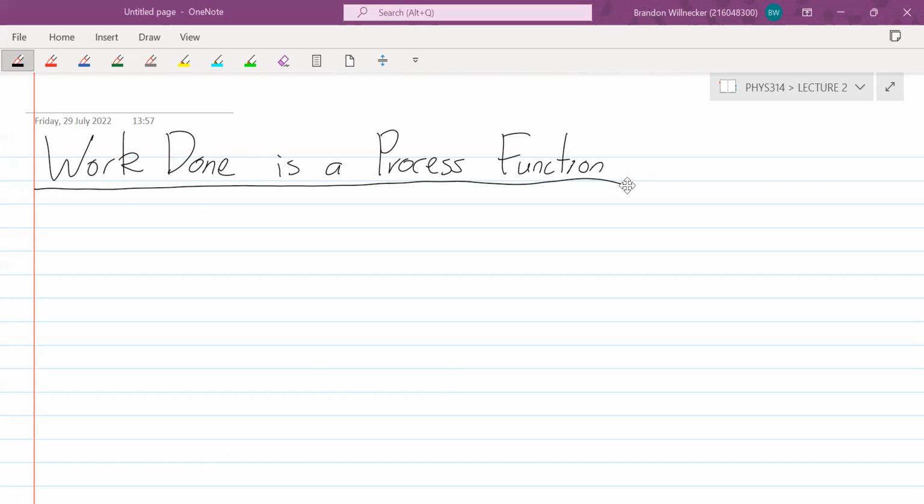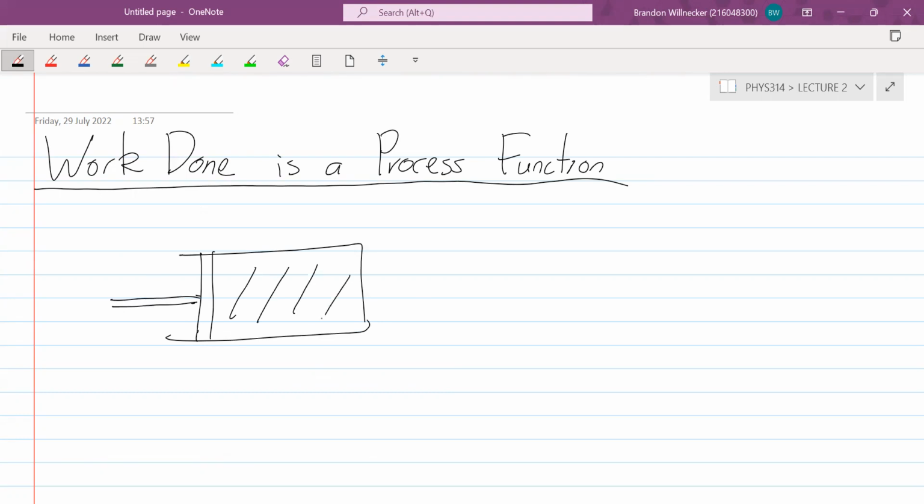Okay, and then the classic example of this, you got yourself a cylinder with a piston, like that, with some gas inside. If you compress this by an amount dx with some force F, you want to work out the work being done. So what can we do? We can work out the differential dW is going to be F dx, right?